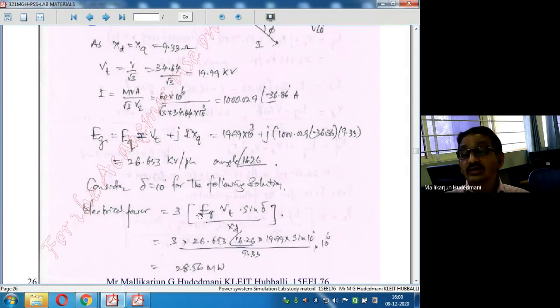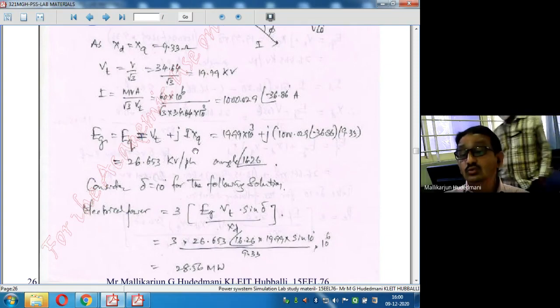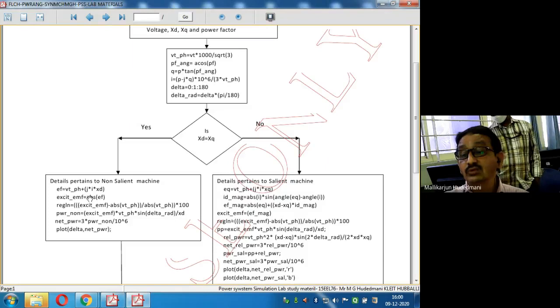Then I got the expression: total power equal to Eg Vt sin delta divided by xd, into 3 outside. There is no reluctance power at all due to saliency. So only delta needs to be incremented, into 3 outside. Then for the calculation, directly use these equations in the program. Can you see over here? Details pertain to non-salient machine.